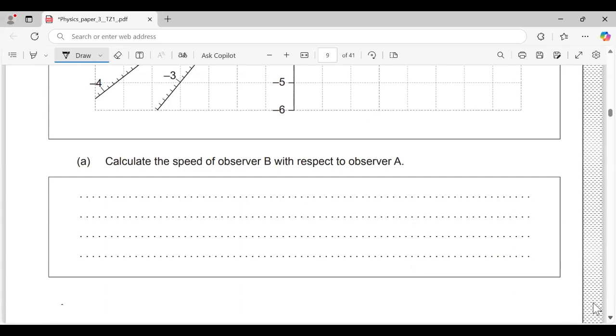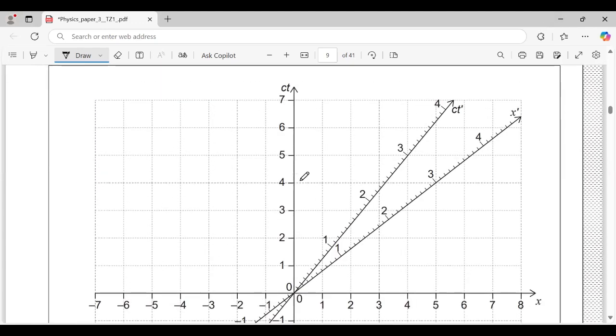Right. The first step, we need to determine the gradient or slope of the ct prime axis. The slope of the ct prime axis is equal to delta ct over delta x, right? The x is 1, and this is ct prime, 4 and 5.